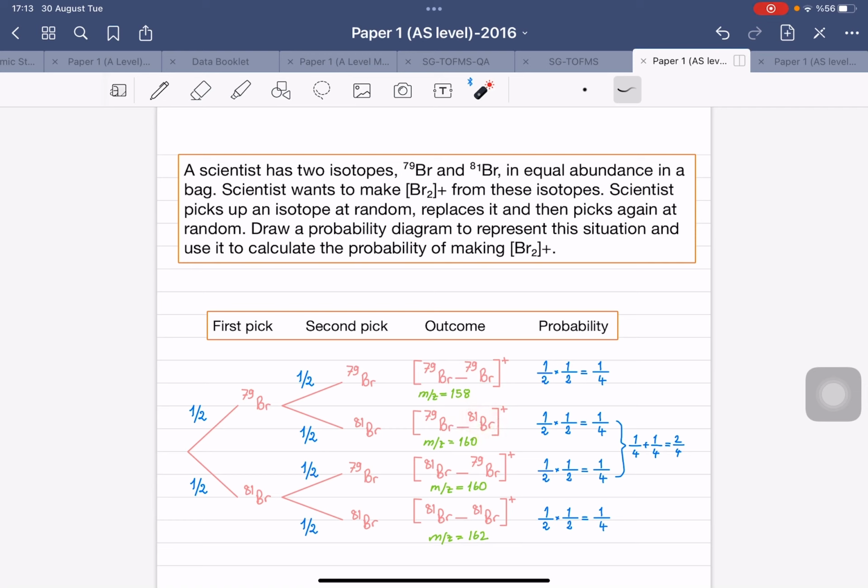This will make Br2 with a mass of 160. In my first pick, I may get bromine 81. In my second pick, I may get bromine 79, which makes a mass of 160 again.